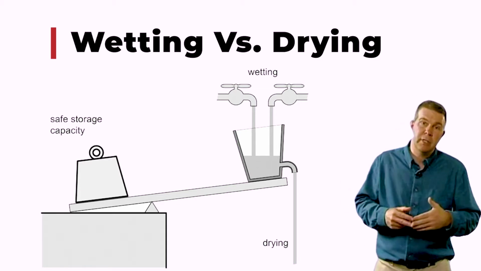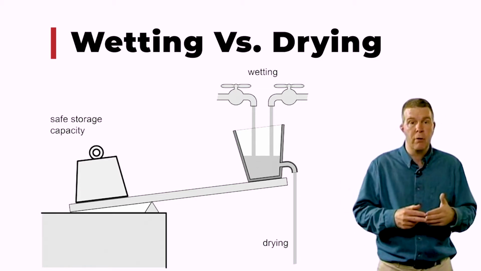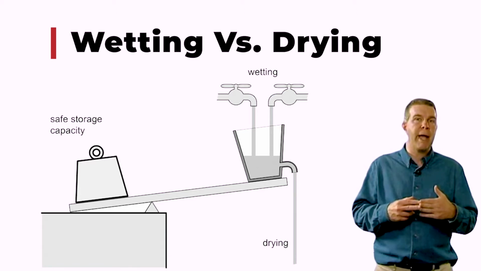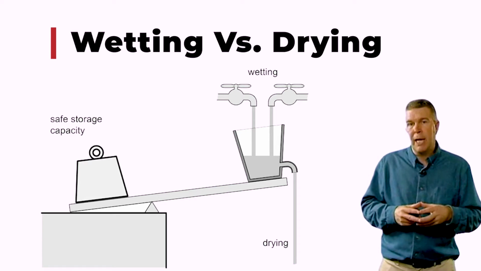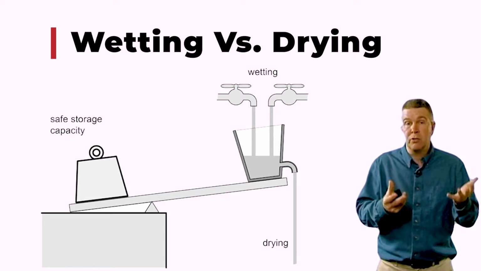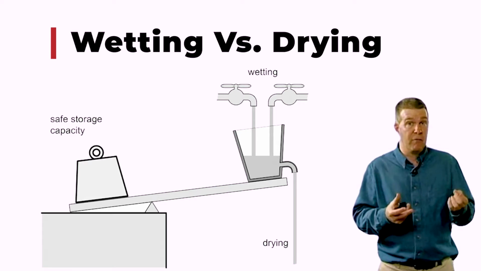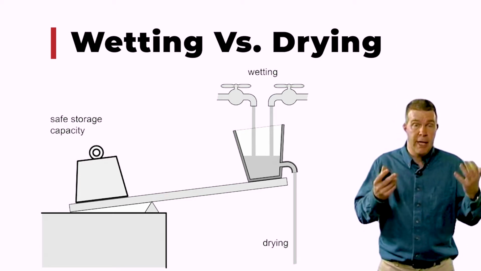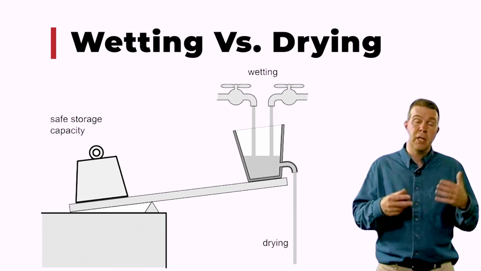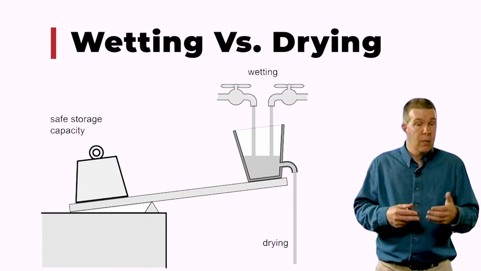You'll see also on this demonstration photo that we have what's known as a safe storage capacity. Every item, every component has the ability to get wet and hold a certain amount of water. In some cases, it's a very, very small amount. In some cases, it's a whole lot of water, like a sponge. It has a high capacity to hold a lot of water.